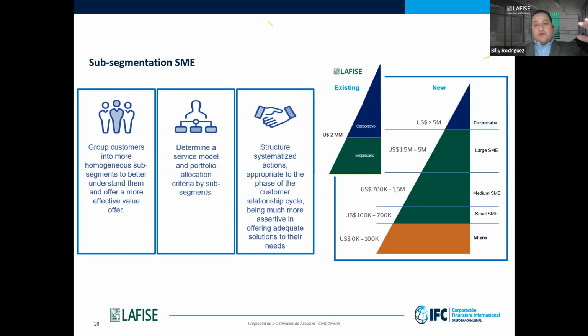Anything over $2 million in annual sales was corporate, and on the commercial part we didn't go below 100,000 in annual sales. So we really have an opportunity there, and that's what we've been working on with the IFC, to uncover these potential markets and broaden our segmentation.